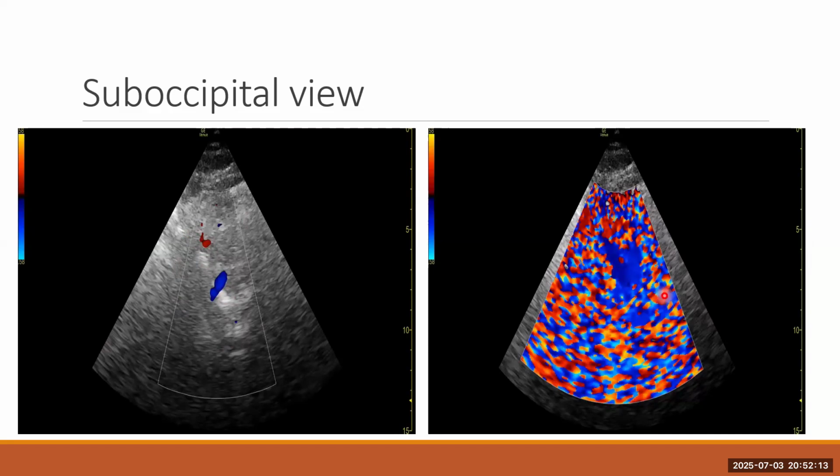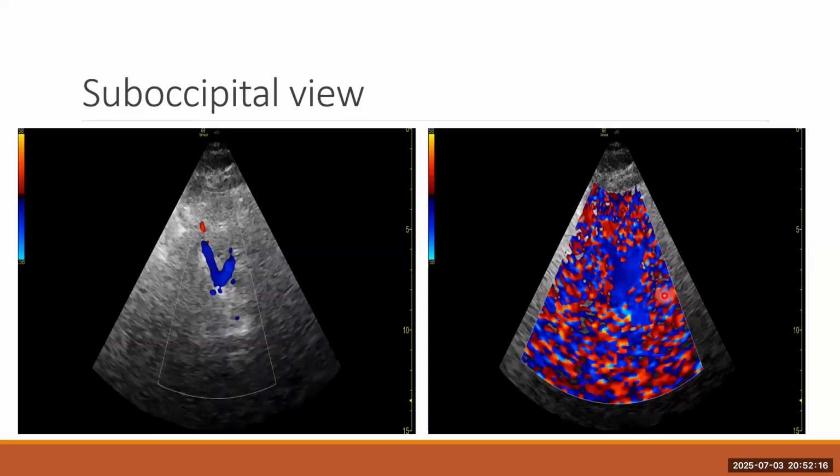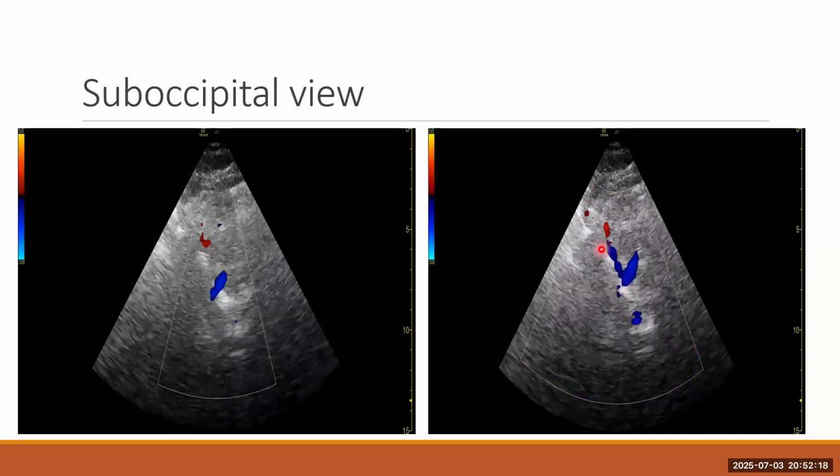The right image indicates again the same vessels, two vertebrals coming and joining to form the basilar, with two PICAs, posterior inferior cerebellar arteries of the bilateral sides, being reflected as red insonations because the blood flow is towards the probe.